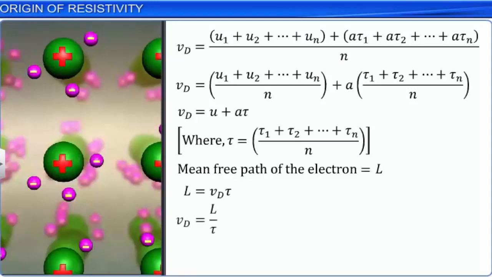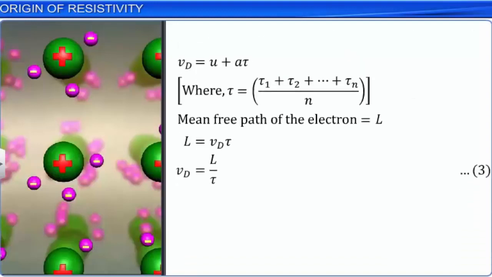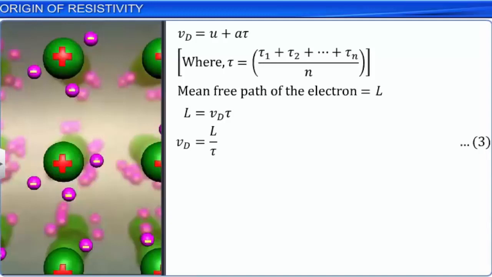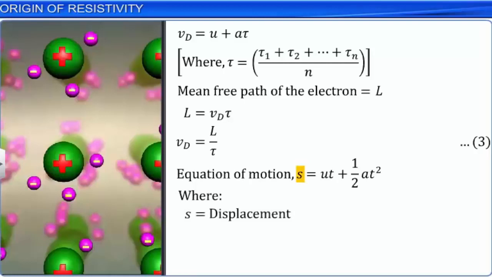We also get L using the equation of motion, s is equal to ut plus half at square, in kinematics, where s is the displacement, u is the initial velocity, a is the acceleration, and t is the time.